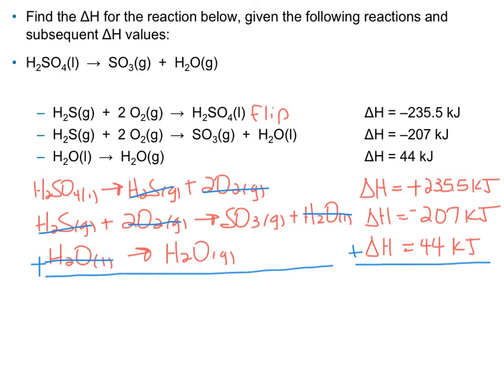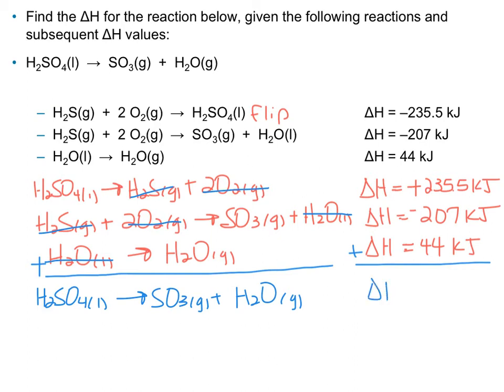So all I have left then is the target equation, H2SO4 becoming SO3 and H2O gas. So then I'm just going to take my delta H's and add them together.